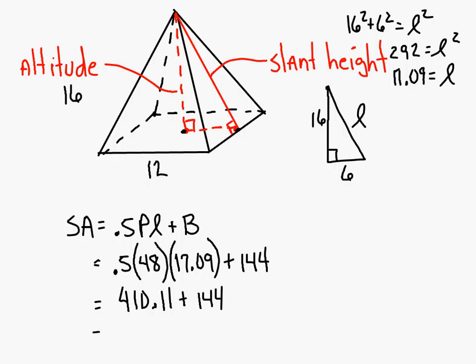So it's still sitting, plus 144, 554.11. That's the surface area. And the 410.11 would represent your lateral area.